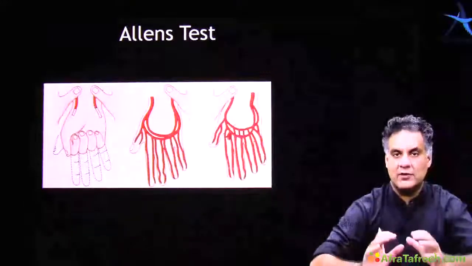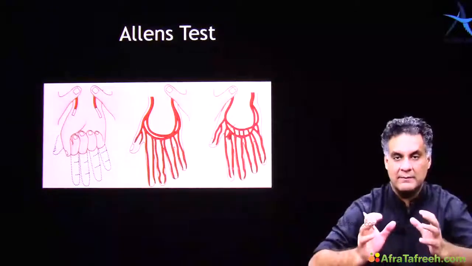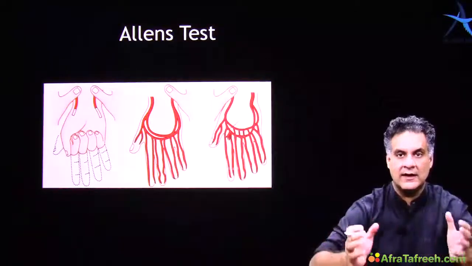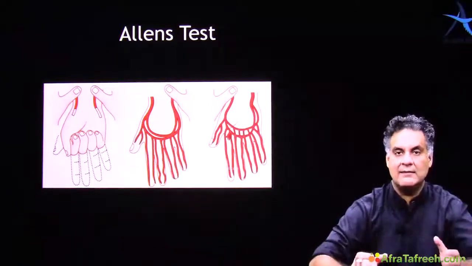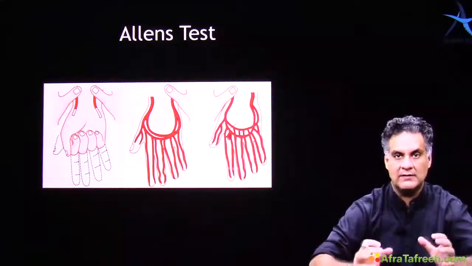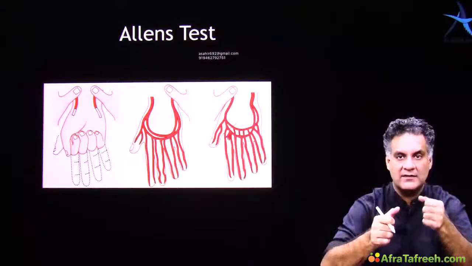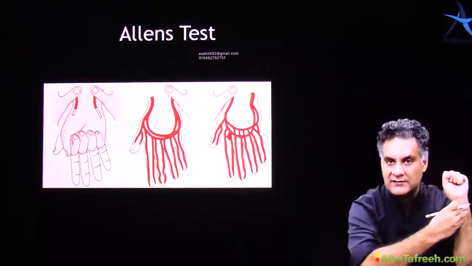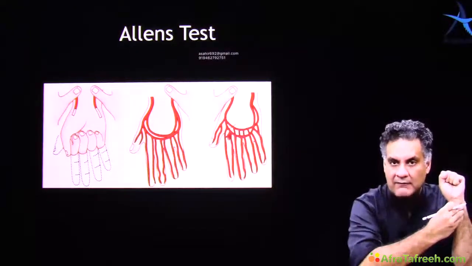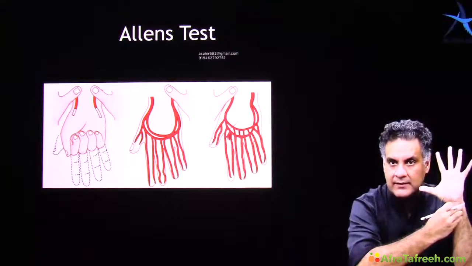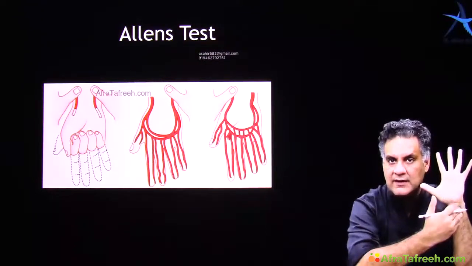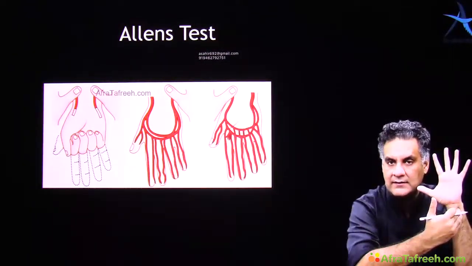You have one test called Allen's test for the patency of the radial or the ulnar artery. This again came as a video in AIIMS November 2019. You first press both the arteries and make a fist. When you do that, your palm will turn white. Then if you release the radial artery, the circulation will come back and it will become red.